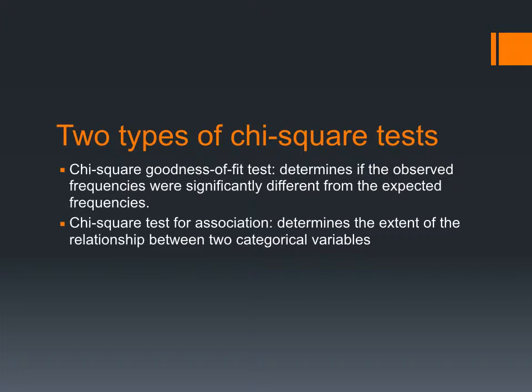We're going to talk about two different types of chi-square tests for this introductory lecture. The first is called the chi-square Goodness-of-fit test, and it's used to determine if what we have observed is significantly different from what we expected. For example, let's say I have a group of high school students who are choosing between attending a public university, a private university, or a community college.